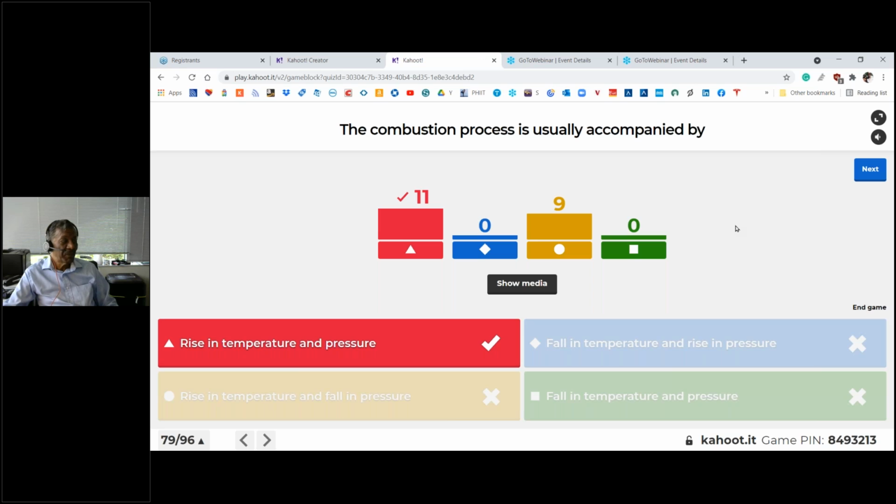Thank you again. Combustion process is usually accompanied by rise in temperature and pressure. That is because we are producing heat. So as a result of heat, we increase not only the temperature, but the volume of the products, the flue gas products. So it increases both temperature and pressure.